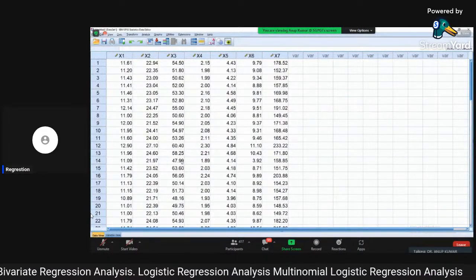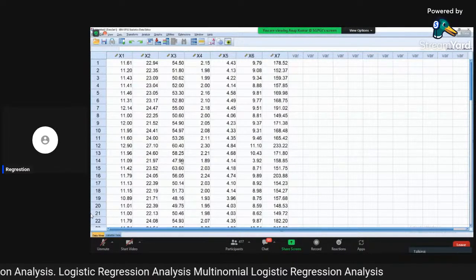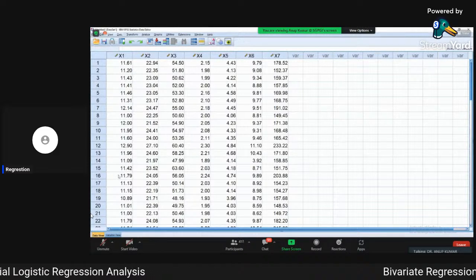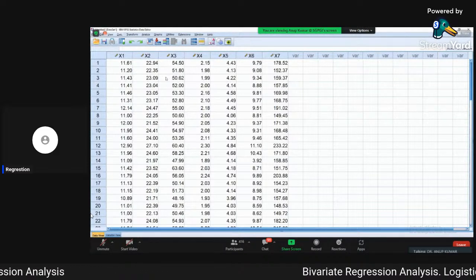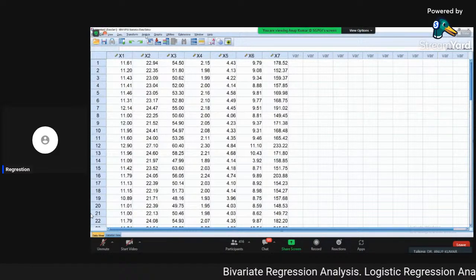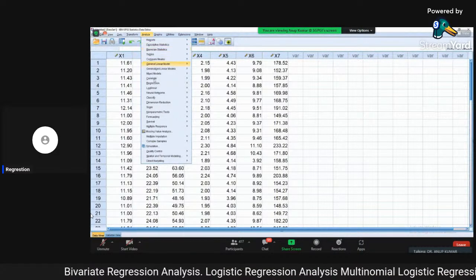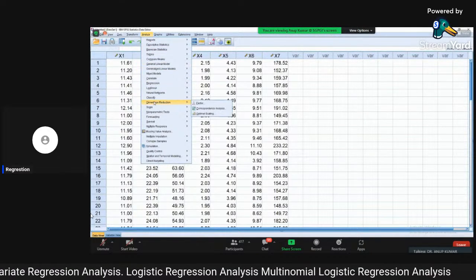And now I want to see what are the factors because of which such values are coming. So for that, I should go to Analyze, and then go to Dimension Reduction.